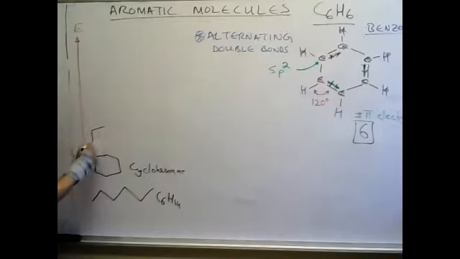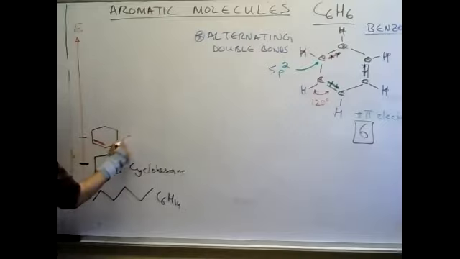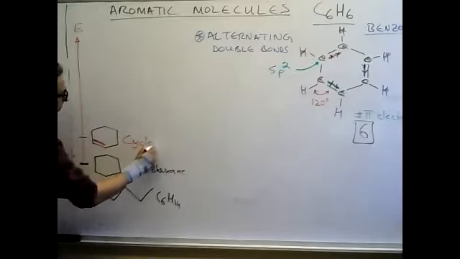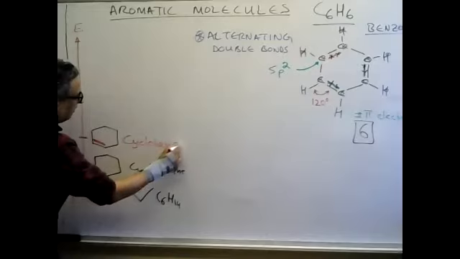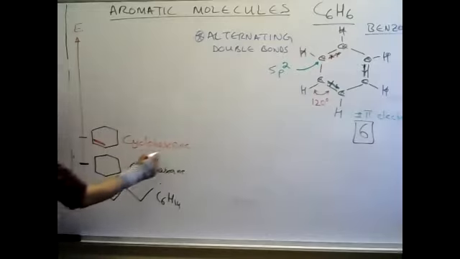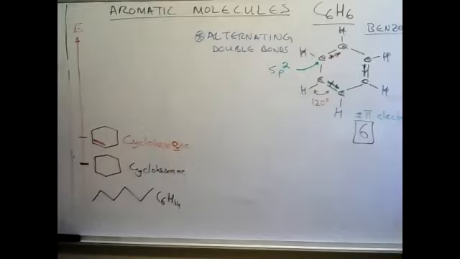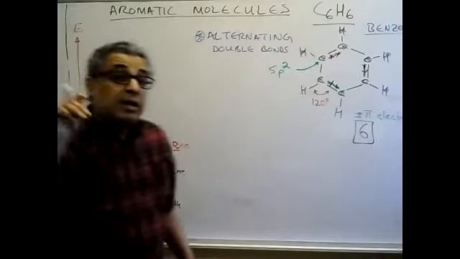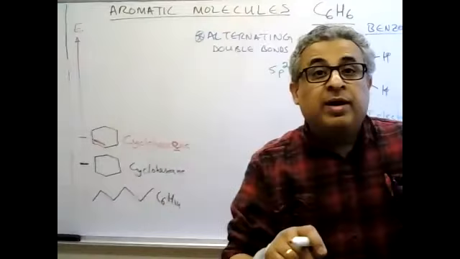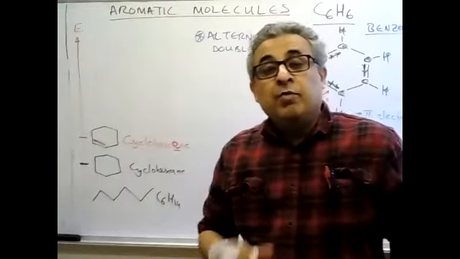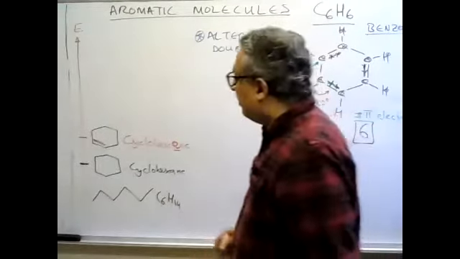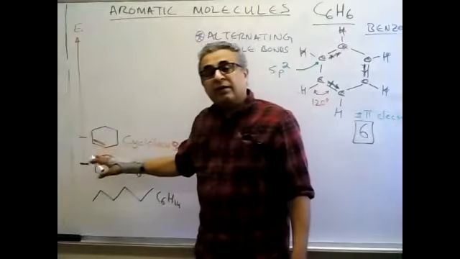Let's put one double bond in cyclohexane. And this is going to be called cyclohexene. This is important. When you put a double bond in a cyclohexane, you make things worse because this is not what the molecule likes to do.